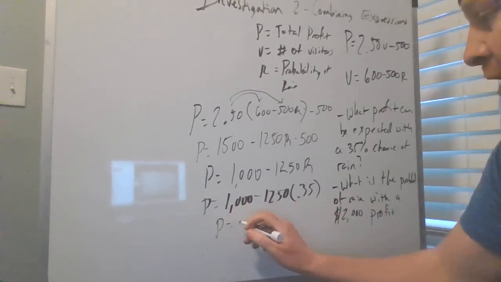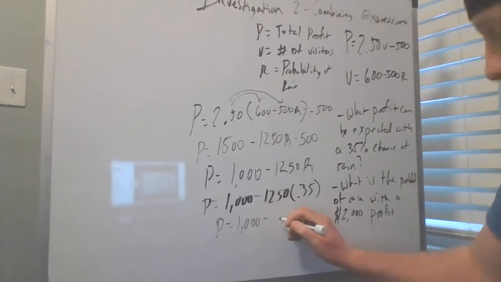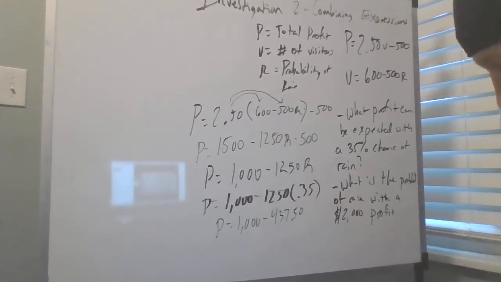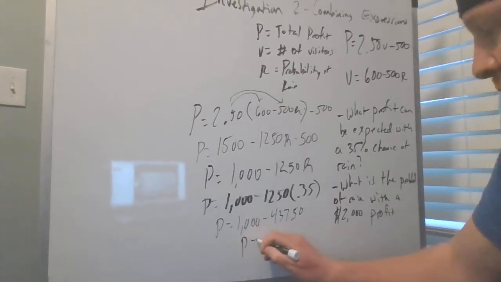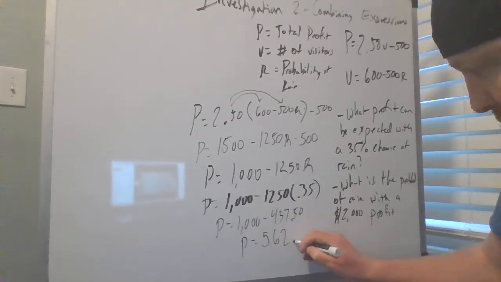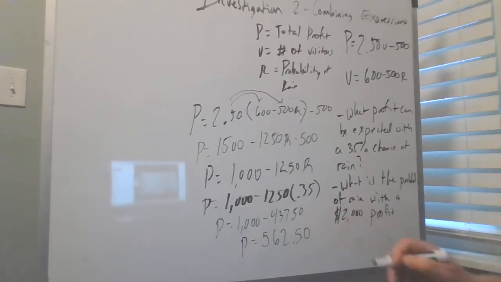So my profit is 1000 minus 437.50. Subtract that from 1000. So your total profit on a day like this is 562.50. It's a pretty cruddy earning.